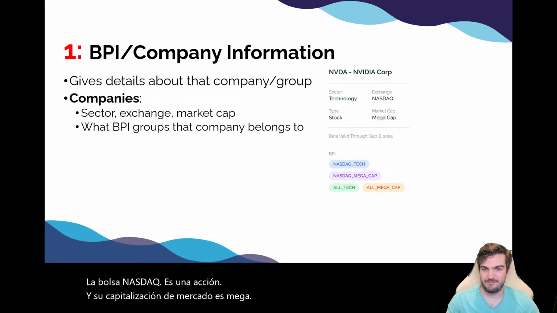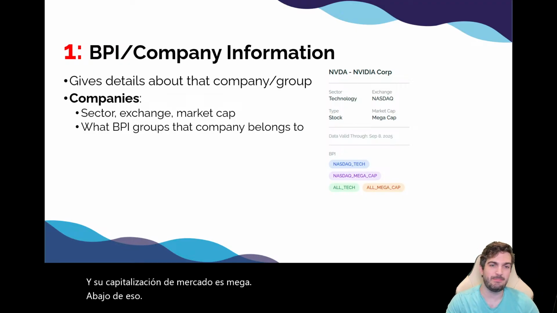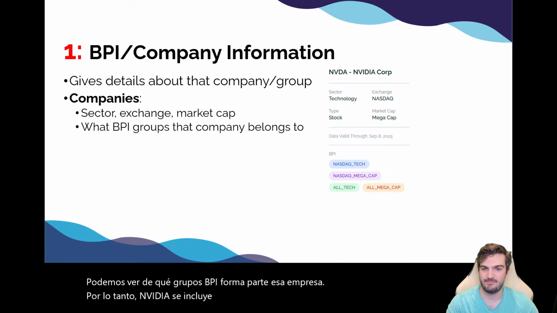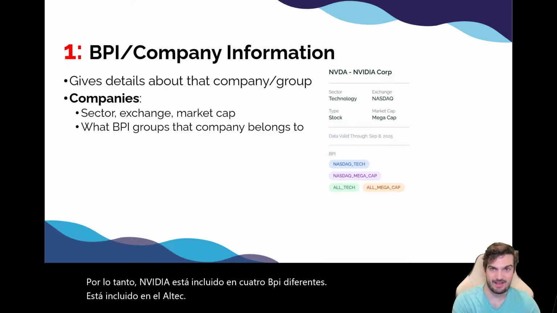Down below that, we can see what BPI groups that company is a part of. So NVIDIA is included in 4 different BPIs. It's included in the all tech because it's also in the NASDAQ.